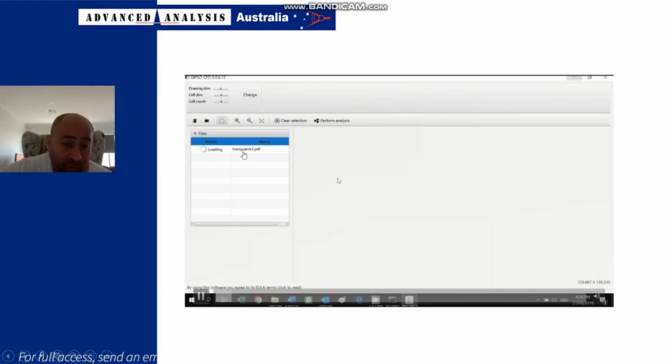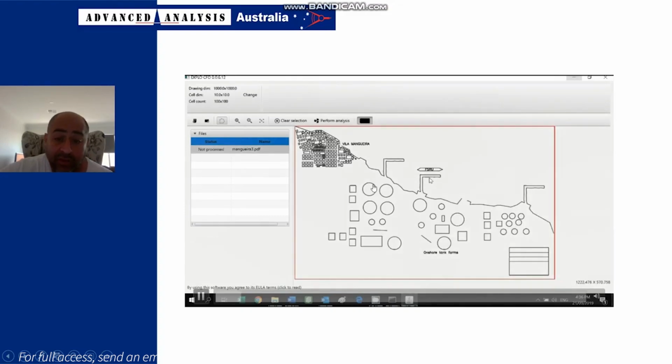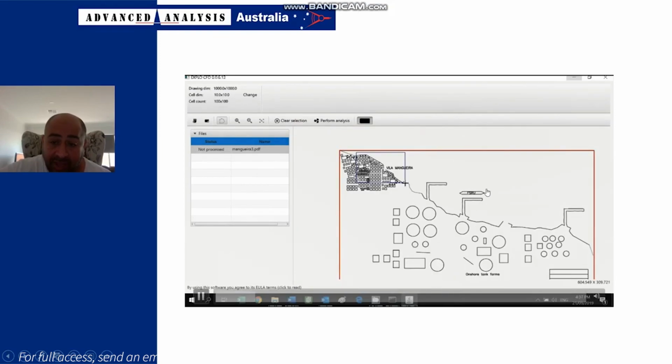You just load a drawing. This is a normal plot plan of an area. You can see it's picked up all the lines, and you can select and deselect the lines. In this particular case, we have an explosion on an FPSO off the coast of Brazil, the south of Brazil, and you've obviously got some industrial facilities here, some important storage tanks here.